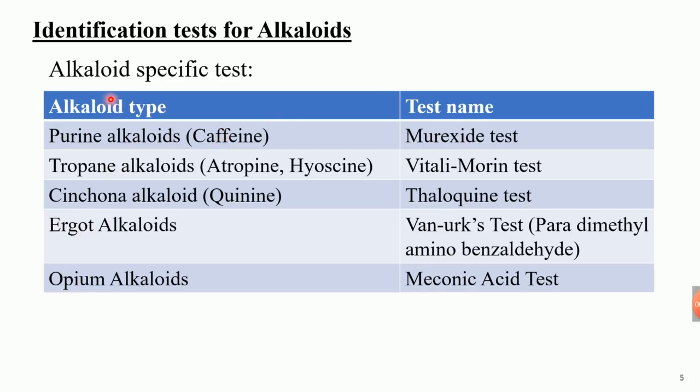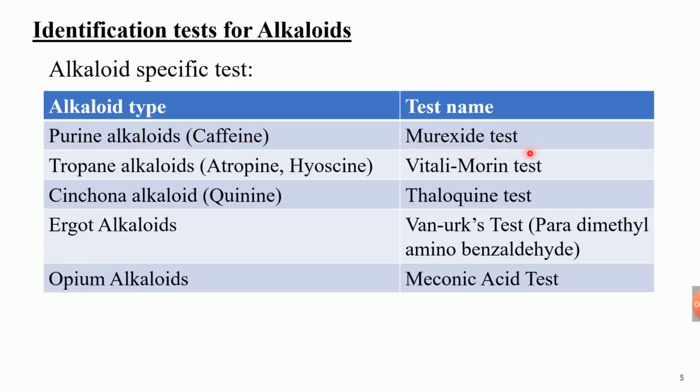Next, some alkaloid class specific tests are also there for identification of that particular alkaloid, like purine alkaloid or caffeine, which do not give a positive common test. So a specific test is present for identification of the purine class of alkaloid like caffeine.